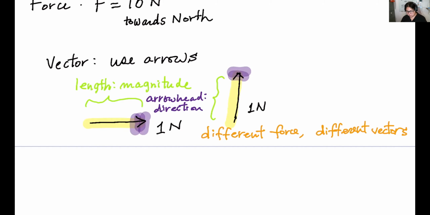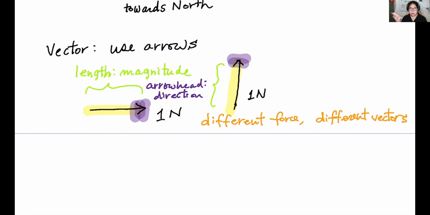The one on the left is pointing to the right, so it's 1 Newton to the right, and the other one is 1 Newton up. So they're different vectors with the same magnitude, the same length of arrow, but pointing up or pointing to the right makes them different vectors.